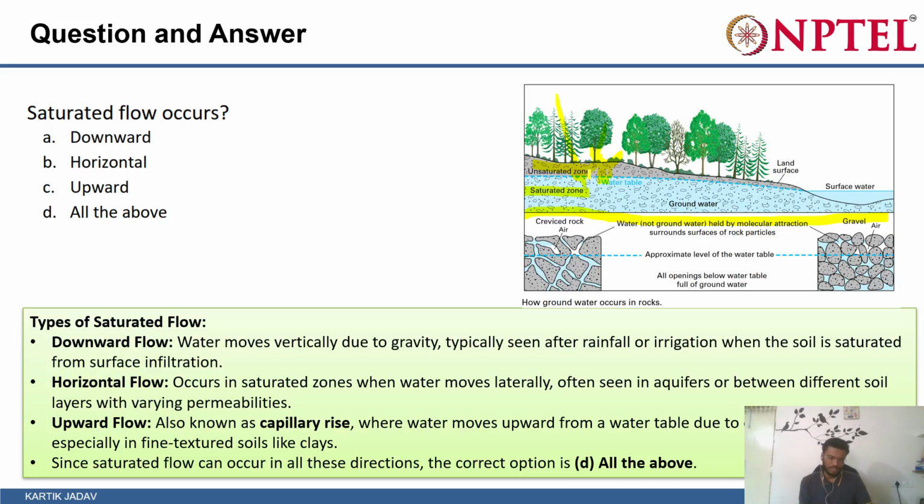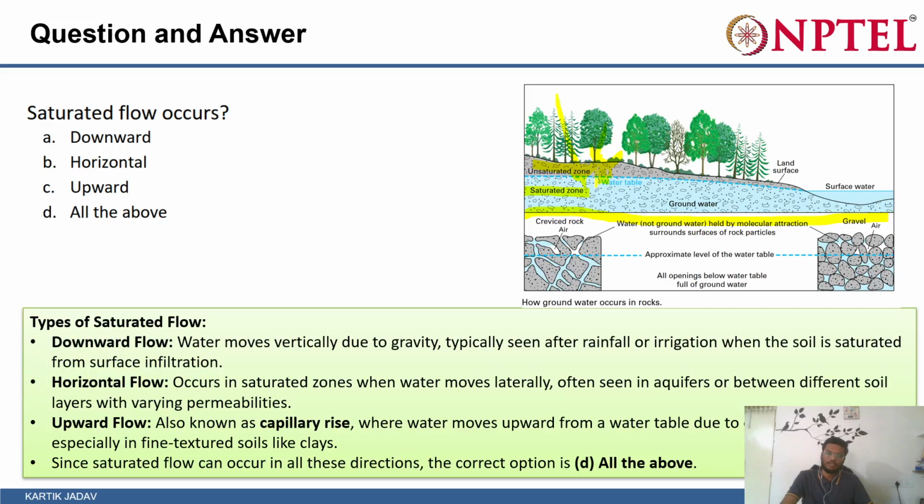For example, in northern Indian conditions, we have a higher groundwater level, which means a lower thickness of unsaturated zone, while in other parts of India like South India, wherever there is a hard rock aquifer, we have a greater depth of unsaturated zone.